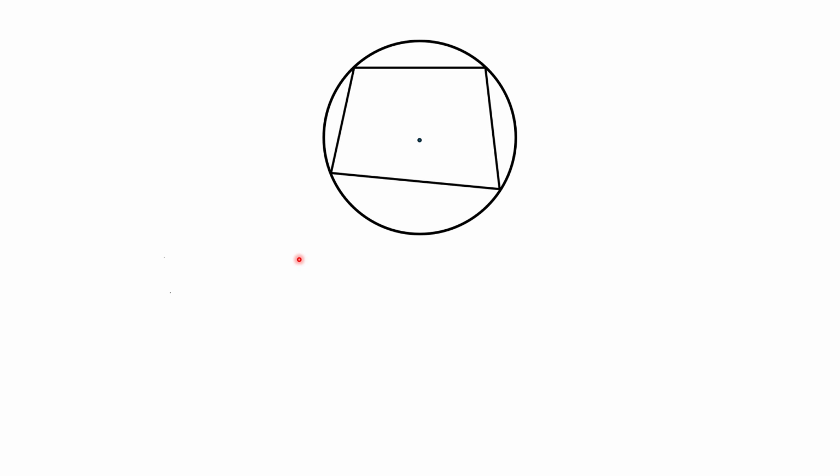Alright, they gave you some cyclic quadrilateral. They give you these strange numbers and they ask you to find x and y. Okay, so if you remember, this angle plus this angle should make 180, and this plus this should make 180.